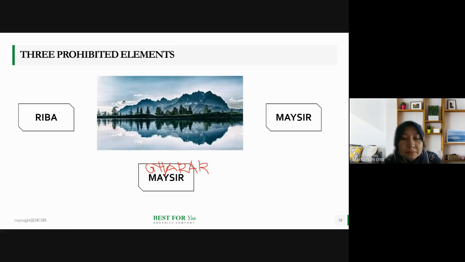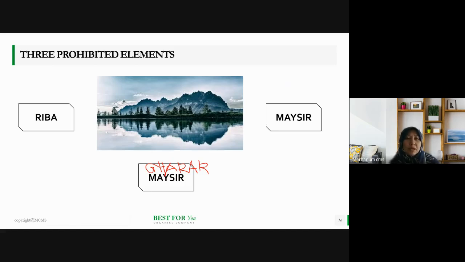Any explanation? You should be clear on riba. You cannot just say riba is interest, and the practice of conventional banks putting an interest rate is riba. So why is it considered riba?